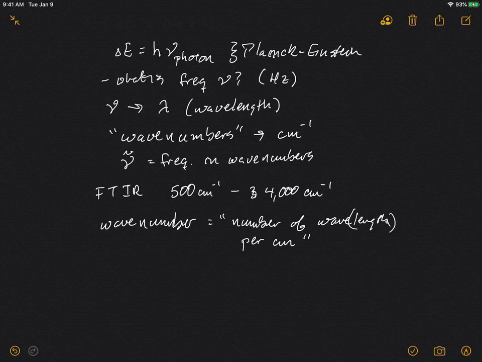And so a higher frequency light is going to have more waves per centimeter.